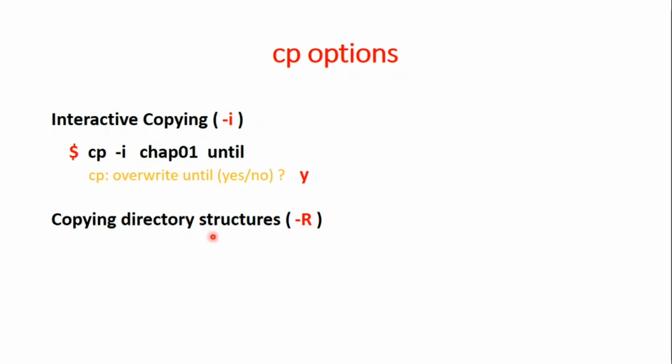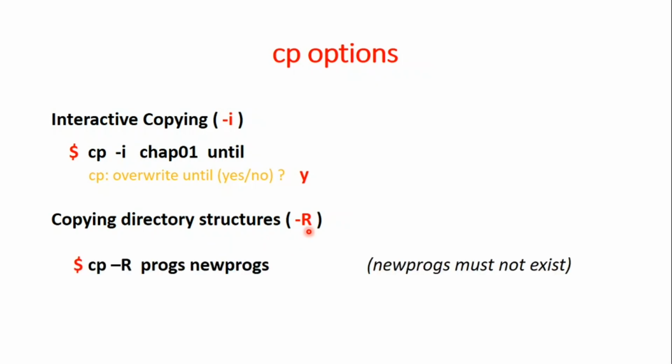Copying a directory structure with the option -R. Using -R, we can copy the entire directory structure. In this case, progs is the directory name, and it will have multiple files.